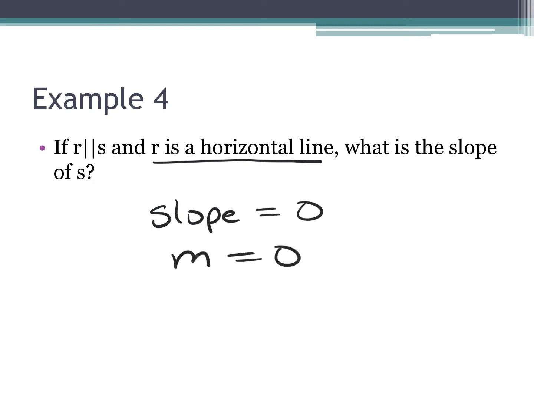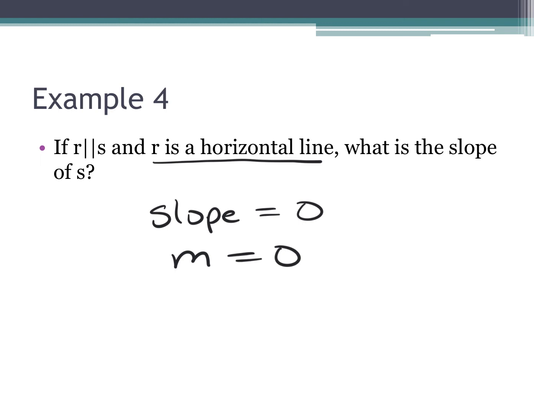So R and S both have a slope of 0 because they're both horizontal. Again, you're memorizing that. Now, if it helps you to think, horizontal has 2 O's in the word, and maybe think of those O's as zeros. Vertical doesn't have an O. Maybe that might help you. So horizontal is always a slope of 0, and when lines are parallel, they have the same slope.